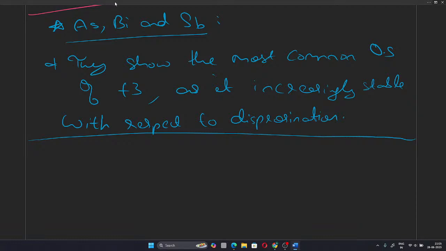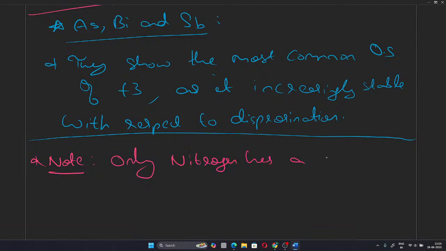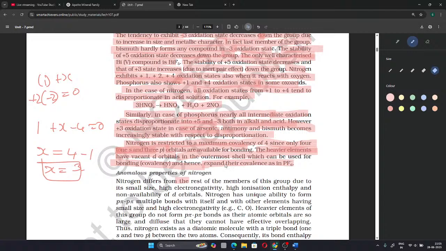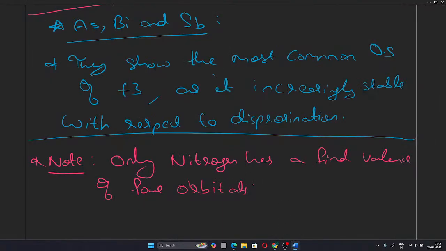Normally, only nitrogen has a covalence of 4, because there are only 4 orbitals for bonding.